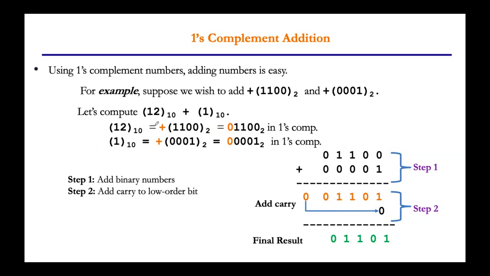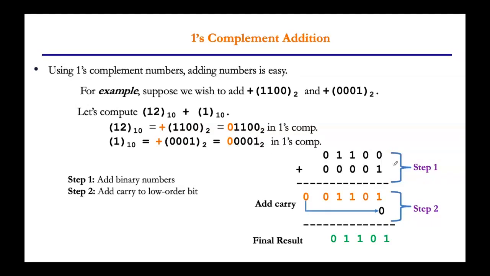We'll check that. The binary value of 12 is 1100, and it is a positive number, so you write a plus sign. That gives the signed ones complement representation. Similarly for 1, the binary equivalent is 0001, and the plus is replaced with 0, so that becomes the ones complement.